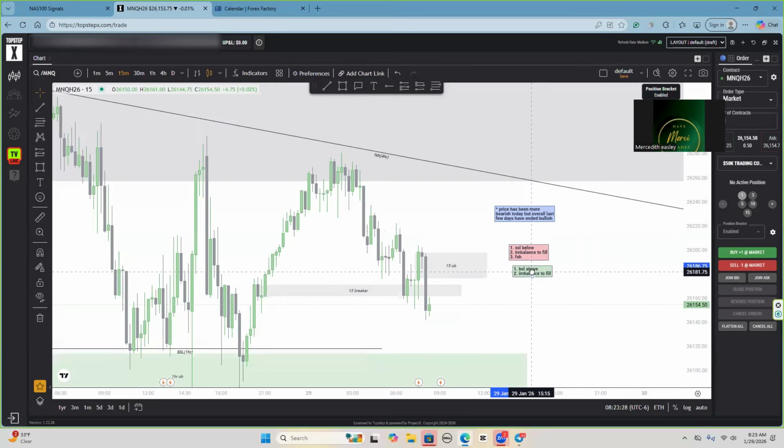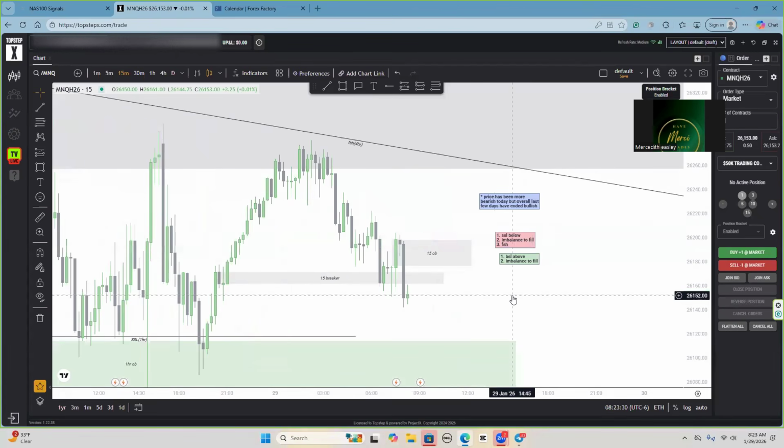All right, so now that we've got our chart marked up, would you guys be looking more for buys or sells? And if you're looking for sells, where? And if you're looking for buys, where would you be looking? All right, and I'll give you guys a minute.